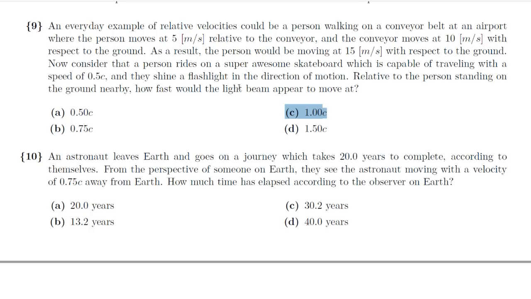Now, in this problem, I could have done something else, such as not use a beam of light. I could have said the person has their skateboard moving at 0.5 c, and something on the skateboard could be thrown at like 0.7 c. And then you could add the velocities together in that special way, which actually I'll write down here briefly.